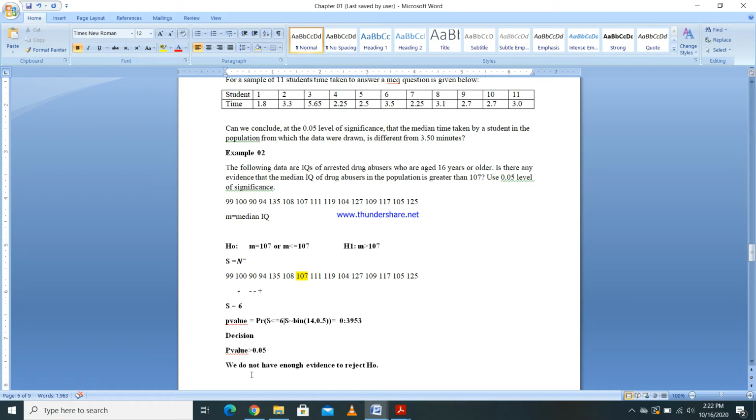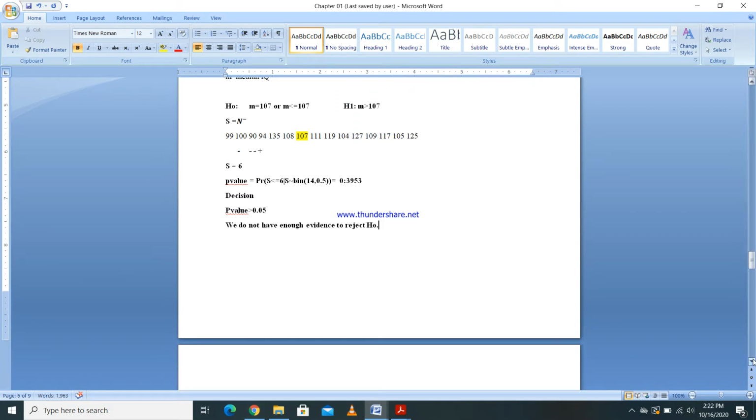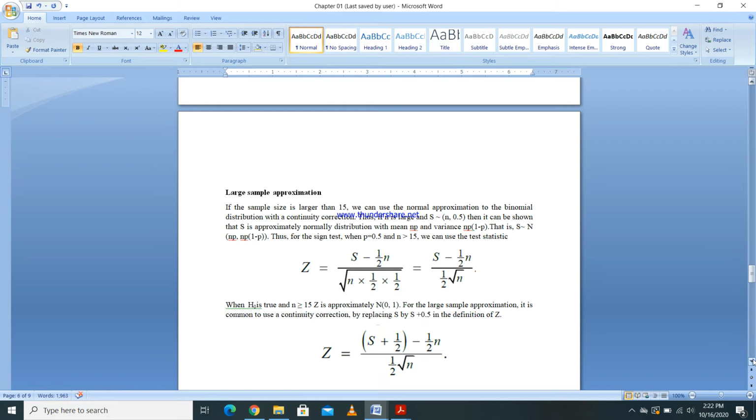So I think by now you are clear with the one sample sign test, right? How to use it when you are given a sample of data, whether it's a one-sided test or a two-sided test, you can apply the one sample sign test.